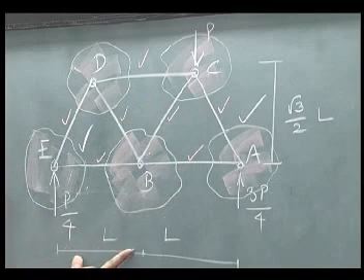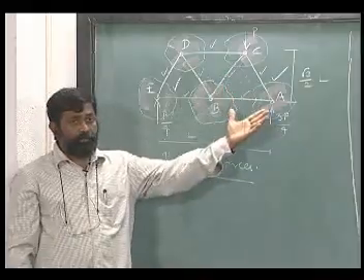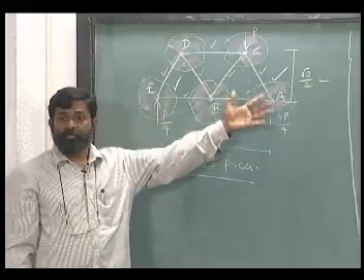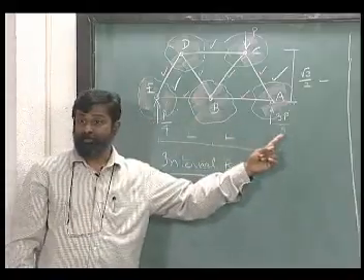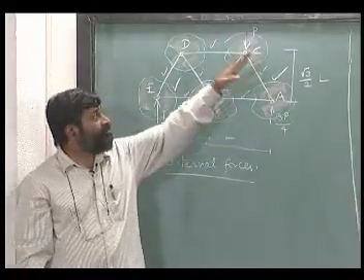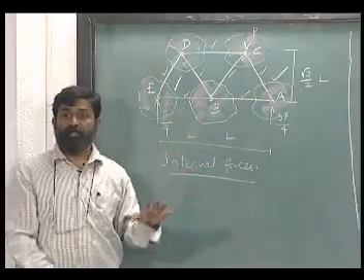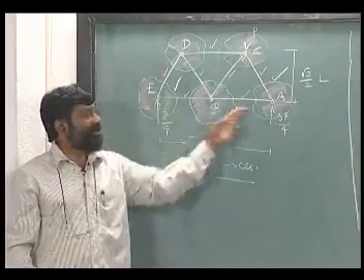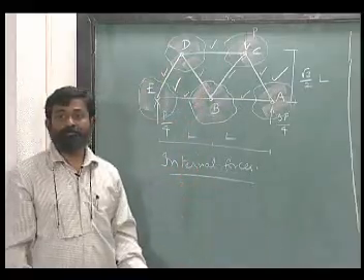Is this clear? Just to recap, I draw a line diagram of this particular truss member, find out the reaction forces so that I can draw a free body diagram of this truss, assuming that I already know that this entire structural system forms a rigid system.